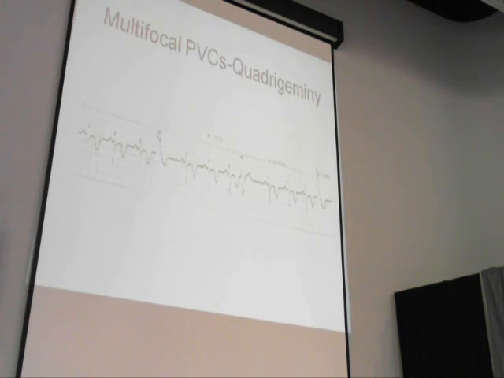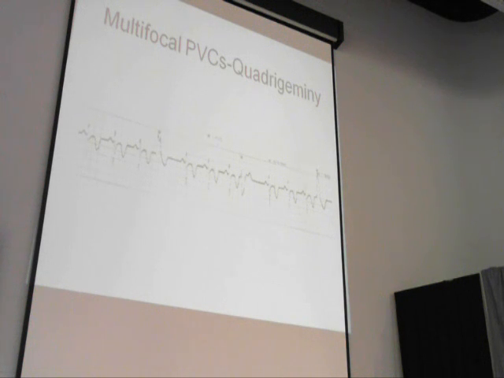It may be from hypoxia, ischemia, maybe some stimulant drug the patient's taking, but unifocal PVCs tell us we've got one hot spot we can be concerned about. For multifocal, meaning we ran off 30 seconds worth of tracing and I've got at least 2 different looking PVCs, one's going up, one's going down.